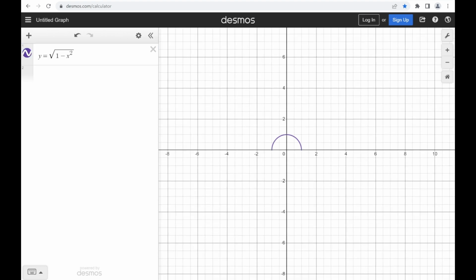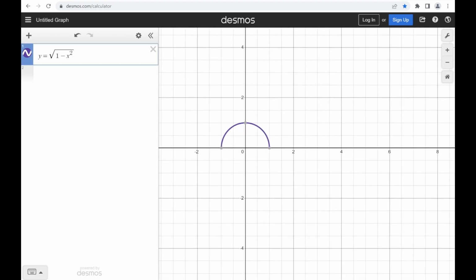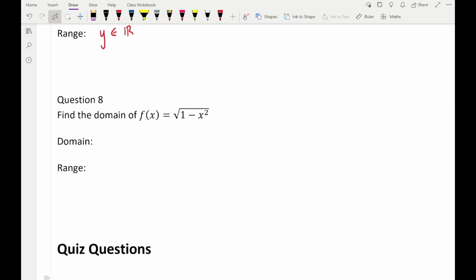Just like that. It looks like the top half of a circle. So you can see x goes from -1 up to 1, and y goes from 0 up to 1. So -1 is less than x is less than 1, and the range will be 0 is less than y is less than 1, just like that.